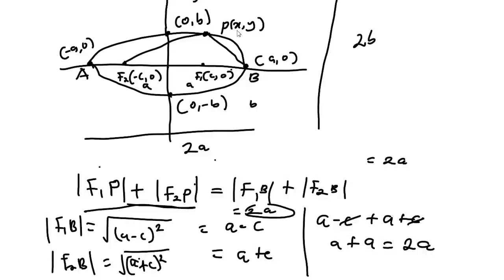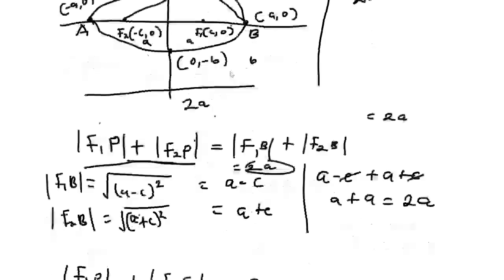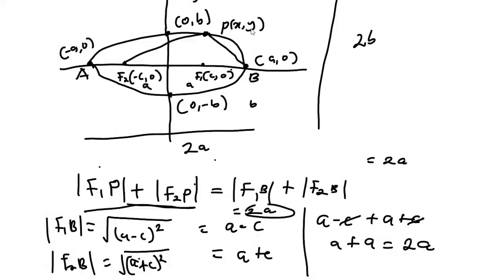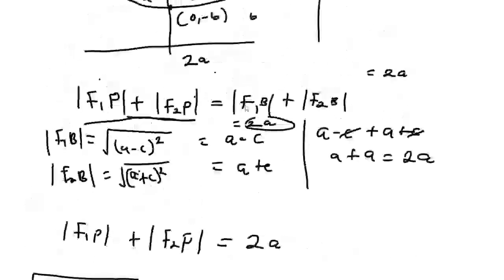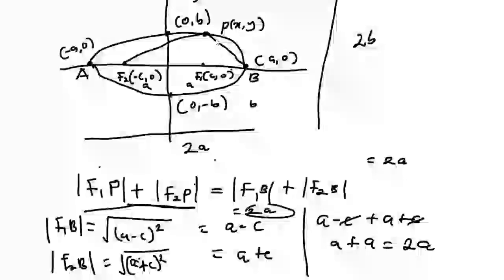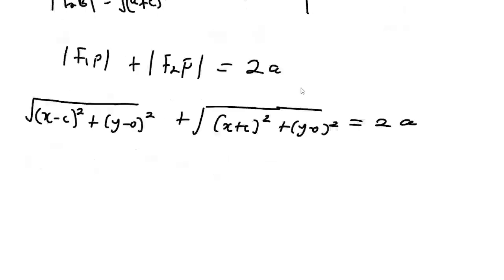Alright, so from here it is f1p to f1p. So I'm going to get x minus c, you see? X minus c, then y minus 0. That's what we have here. Now with the f2p, x minus negative c, then we turn to positive. So we have x plus c, then y minus 0. That's what we have there. Okay.